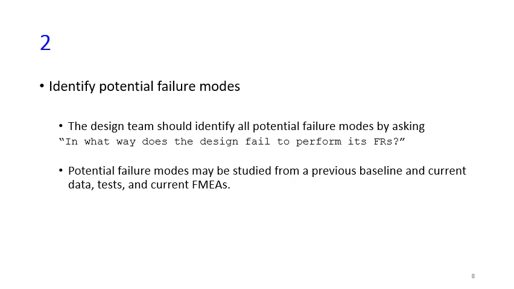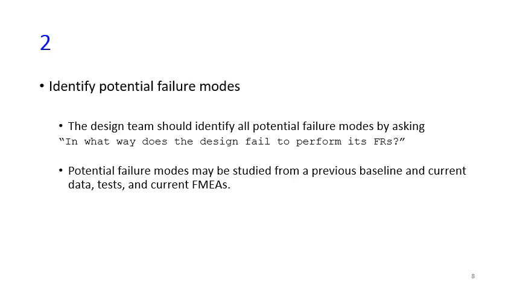Based on the identification from the block diagram, we write down the potential failure modes in the second column. To help the design team to identify all potential failure modes, this question might be asked: in what way does the design fail to perform its functional requirements? So think about all the possibilities that make the product fail to perform the function that it should deliver.